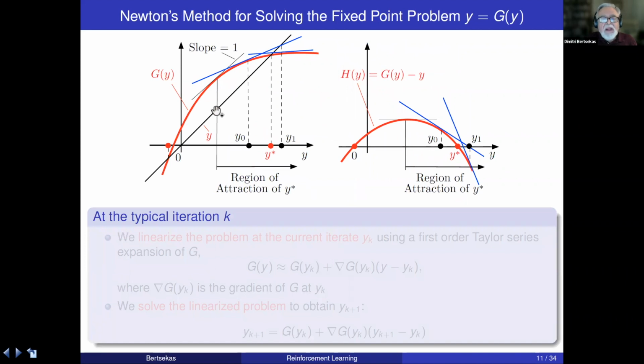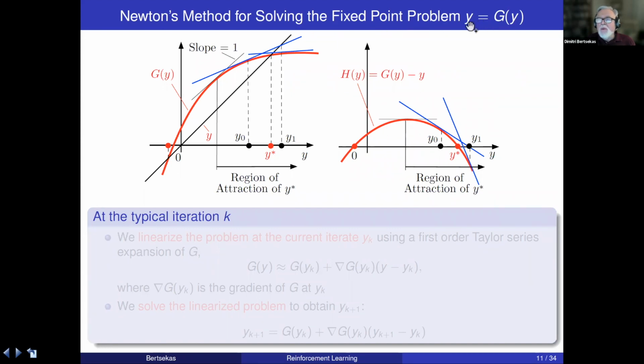Okay, so now, since we're going to talk about Newton's method, let's review it. You have seen it at some times because it's part of calculus. Sometimes it's taught in high school. Newton's method is usually presented as a method for solving nonlinear equations. Let's view it in the context of a fixed point problem.